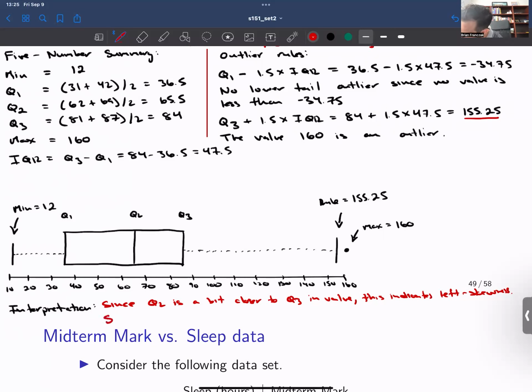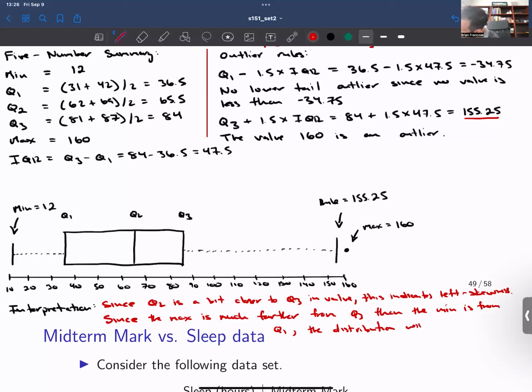Okay, so we can say, since the max is much further from Q3 than the min is from Q1, the distribution will be right skewed.